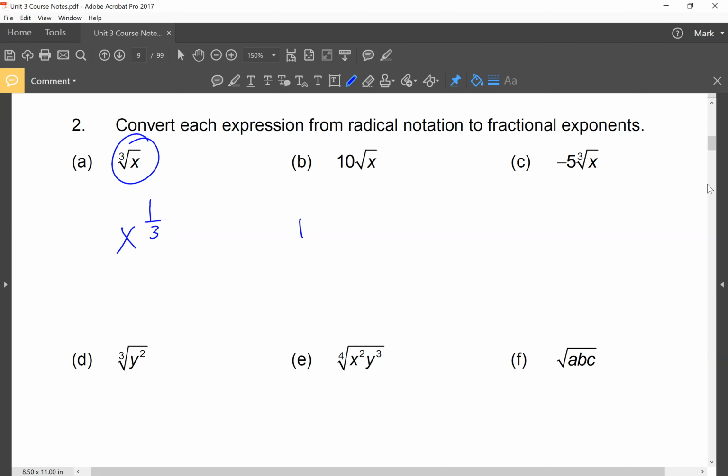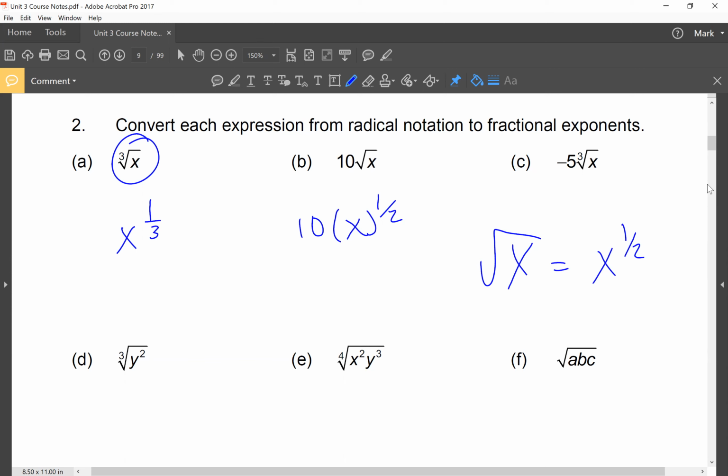B would be 10 to the power of x to the 1/2. Now, one thing to mention about B: if you don't see any numbers there, like B is just the square root of x. I know the 10 is there, but the square root of x would be x to the 1/2. If you don't see any numbers or any negatives or anything like that, it would just be a square root.